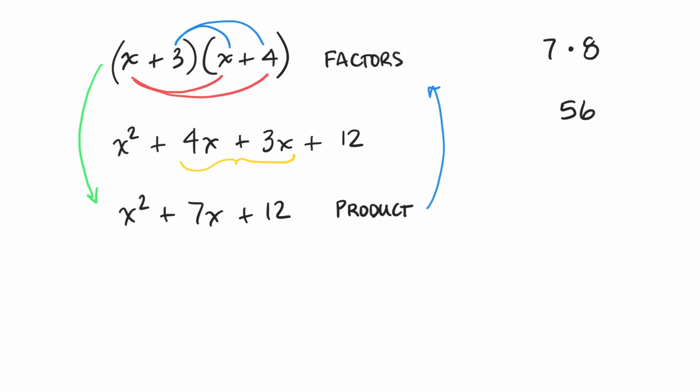Okay, let's look at this now. This x squared plus 7x plus 12. Now we already know that it factors into x plus 3 times x plus 4. Now if we didn't know that, what we would be trying to do is make this into this. And so we would be trying to make it look like this. We'd have x plus something times x plus something.